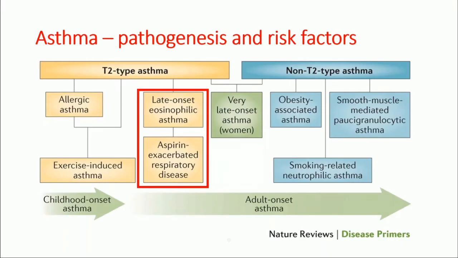There are several. Some of them are eosinophil mediated, like allergic asthma. Some people get late onset eosinophilic asthma. Aspirin exacerbated asthma is also eosinophil driven. So there are some eosinophil mediated asthmas around.